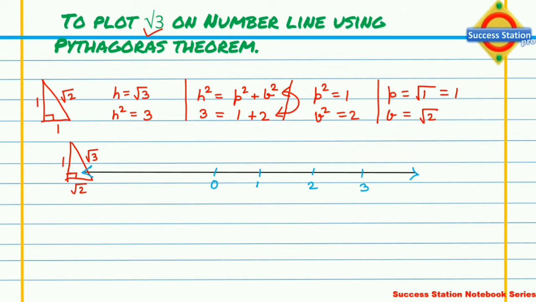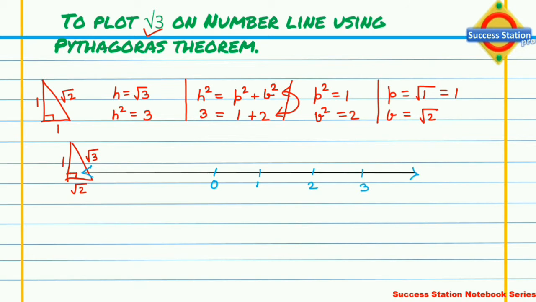So we know that if we plot 1 as base, but the base here is root 2, we need to plot root 2 as base. So for plotting root 2, we know here that the perpendicular and the base should be 1.